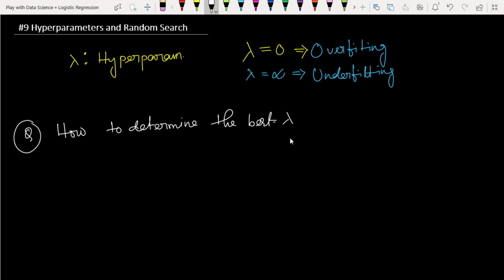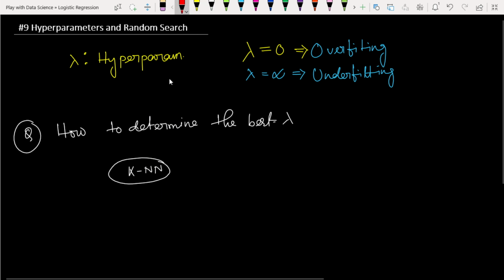So we see in KNN, what is the hyperparameter in KNN? Our hyperparameter is K. And in naive Bayes, if we use Laplace smoothing, then our hyperparameter is alpha.